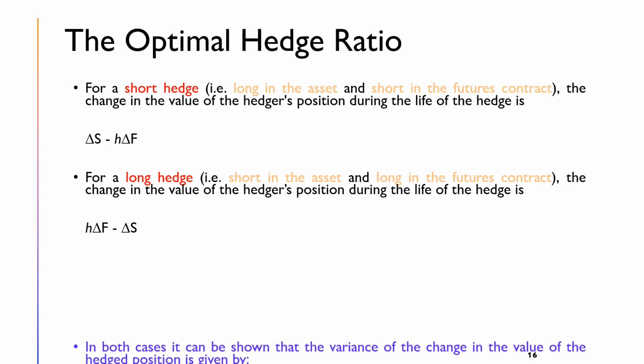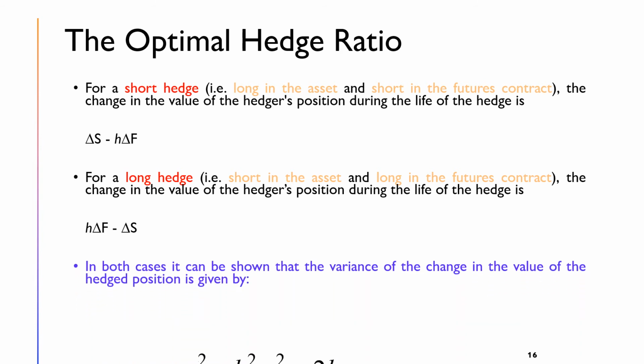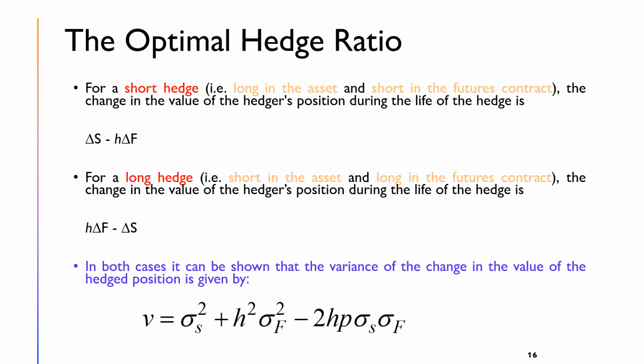The variance of the change in value of the hedge position is given by V. V is the formula for variance of two assets. The weight in the asset is 1, and the weight in the futures depends on the hedge ratio.